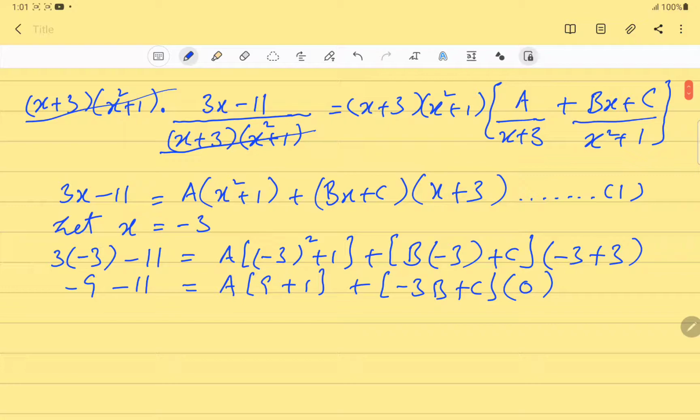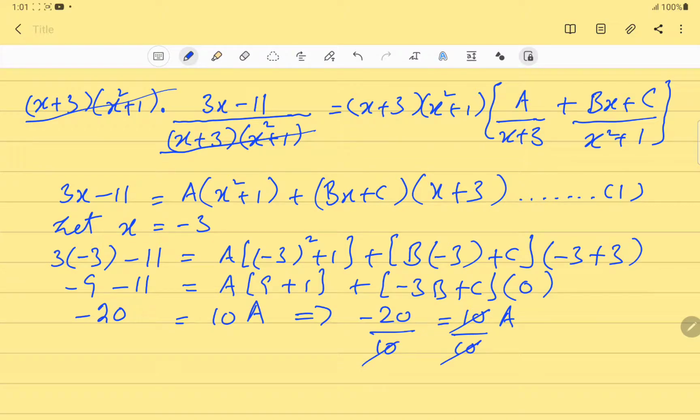So on the left side, minus 9 minus 11 is minus 20, which is equal to 10a. We divide both sides by 10. Minus 20 over 10 is equal to 10a over 10. So our a is equal to minus 2.